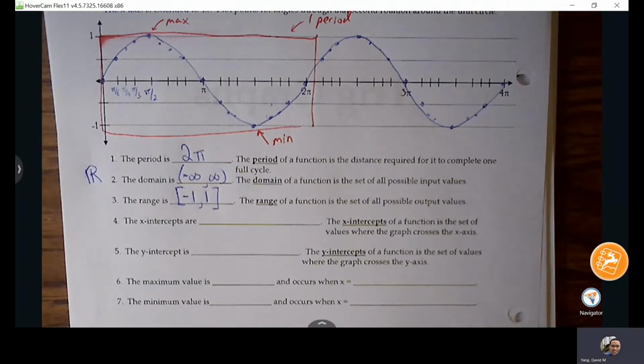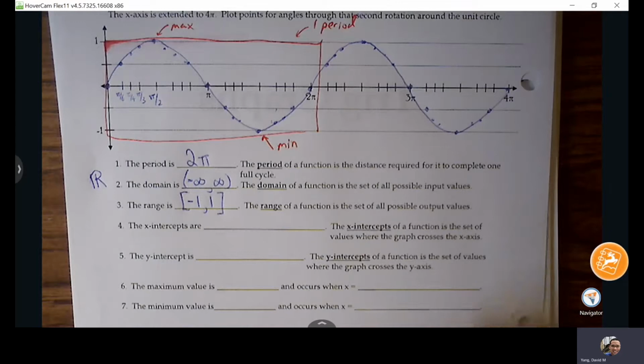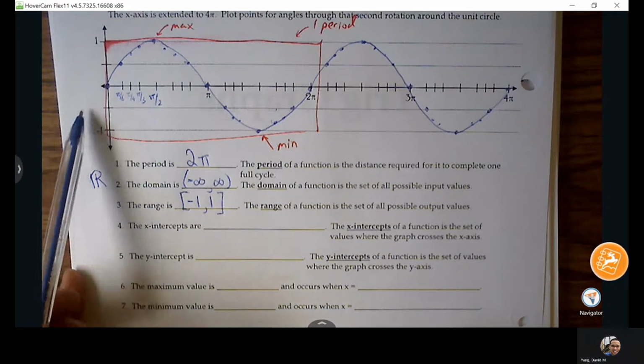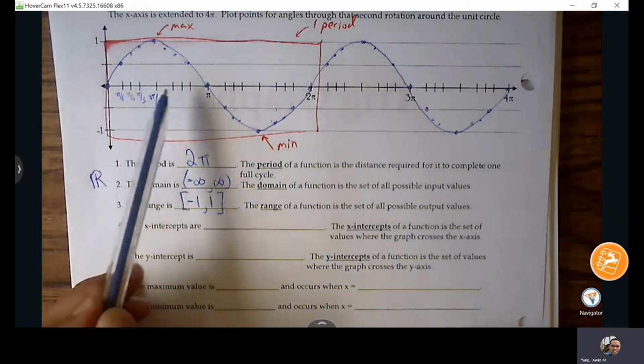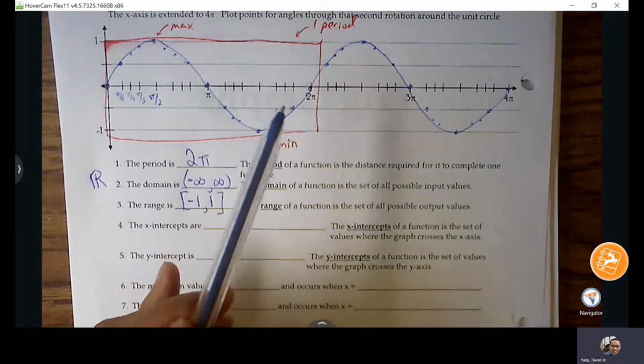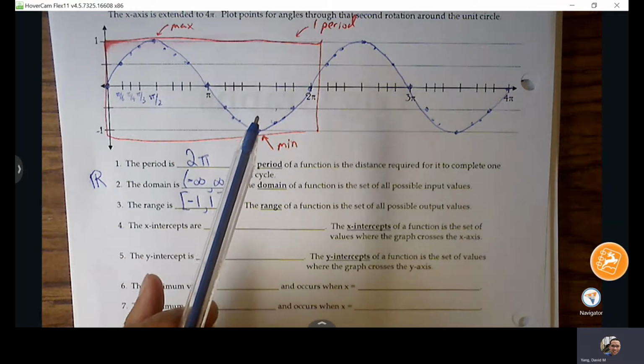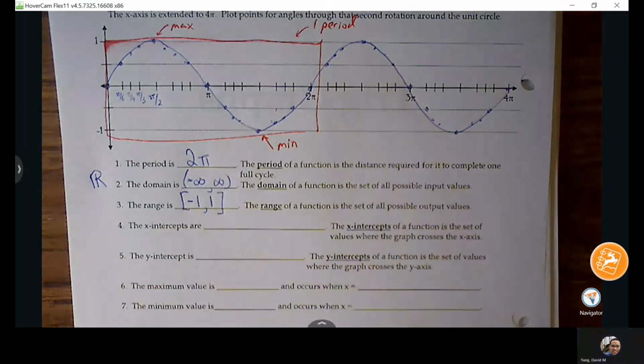All right, number 4, x-intercepts. Where do you see x-intercepts? Okay, 0, where else? Pi, 2 pi. So there's that pattern, right? Basically all increments of pi, whether in a negative or positive direction, we're going to hit all these x-intercepts.